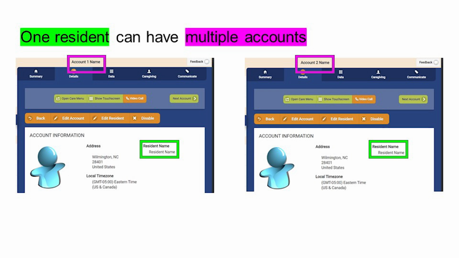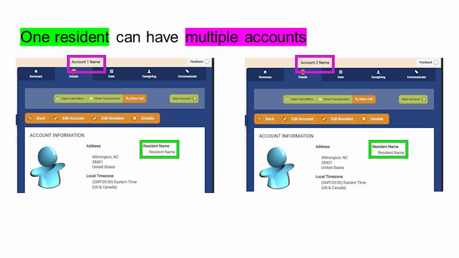And so one resident, just to go back to the same thing that we were saying before, but now using the terminology of residents and accounts, instead of saying one member can have multiple touchscreens, we can say that one resident can have multiple accounts in their home because one resident can have multiple touchscreens, and each of those touchscreens can have a separate and should have a separate identity or account.